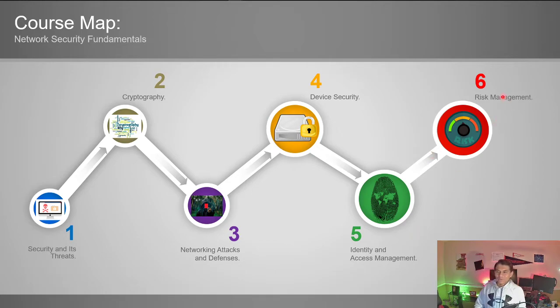And finally, risk management, kind of making an assessment of how much risk our company carries by not having, or having, security controls that we may have missed implementing or may have already implemented. So how those security controls change the level of risk that our company has as far as being exposed to cybersecurity attacks. So that will be the summary for our course, Network Security Fundamentals.